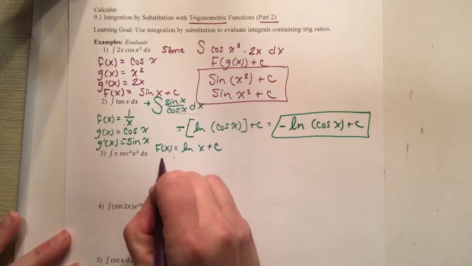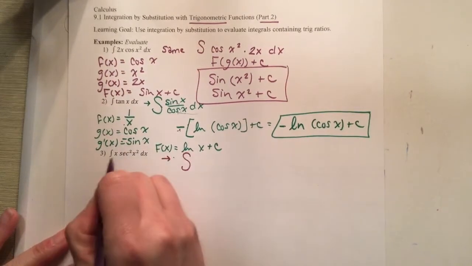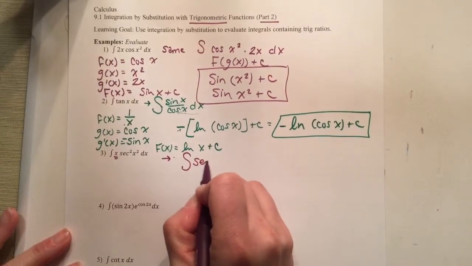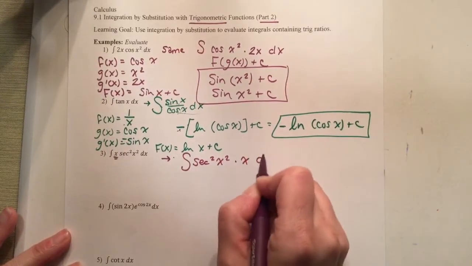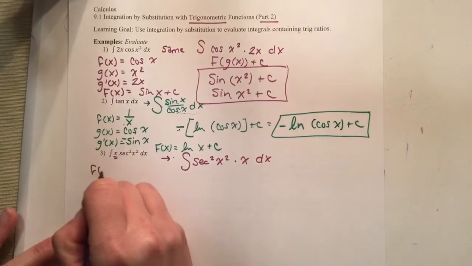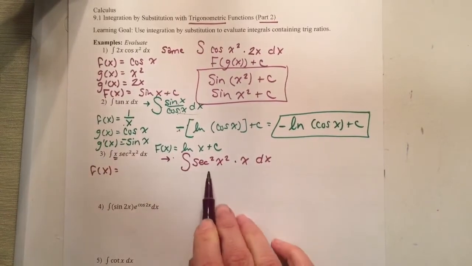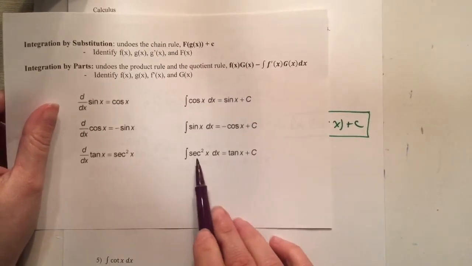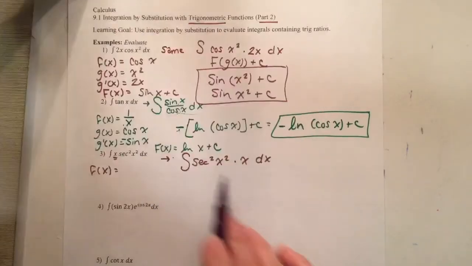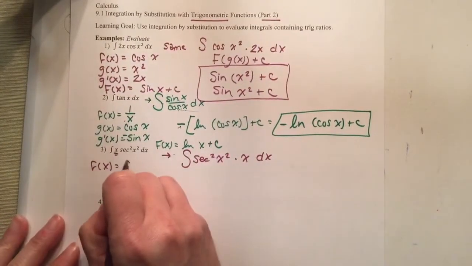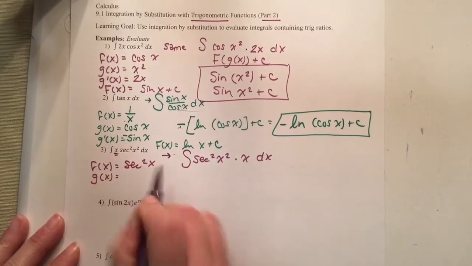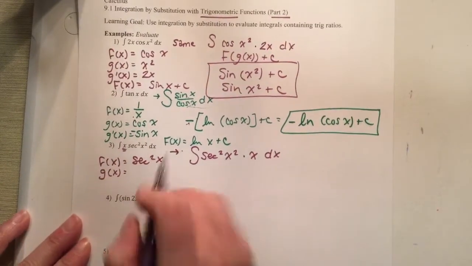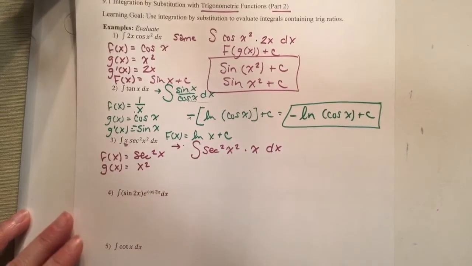Number 3. Again, I rewrote this. I wanted my trig function, the secant squared of x squared, first, times x dx. Because looking at this, f of x, I do know what the antiderivative of a secant squared is, so this can be f of x. Secant squared of x, but I'm not taking the secant squared of just x, I'm taking the secant squared of x squared.